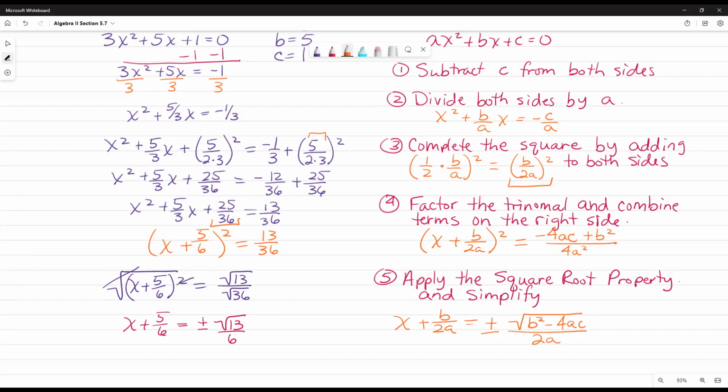Now, we can easily see that 2 times a is 2 times 3, so that matches the 6, which is the denominator in our constant term. b squared, that's 25, minus 4 times 3, which is 12, and c was what, 1? So what's 25 minus 12? 25 minus 12 gives us 13, and that matches what's inside our square root in the numerator.